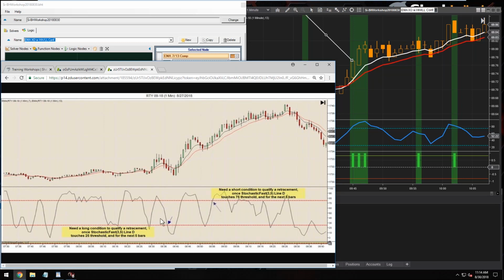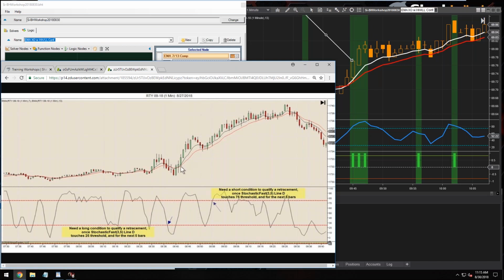And so it kind of sounds like, Scott, I'm not sure exactly which is supposed to come first, the stochastic pullback or the EMA crossover condition. To me, it sounds like you're looking for the stochastic first, but you wrote the stochastic second, so I would think that the stochastic comes after the trend direction confirmation.